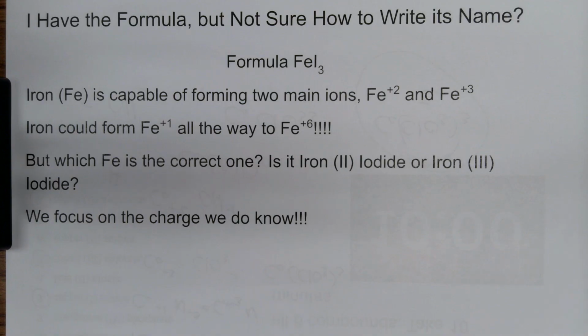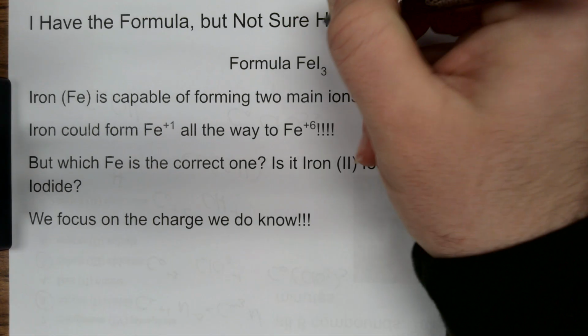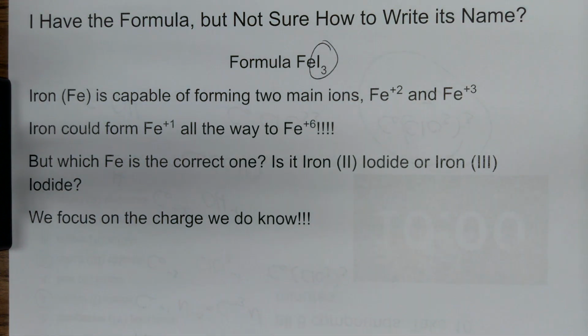I have 6 different flavors of iron. How do I know which iron I'm working with? Based off the formula, I'm going to take a look at what that metal is attached to. Here, it's attached to 3 iodines.